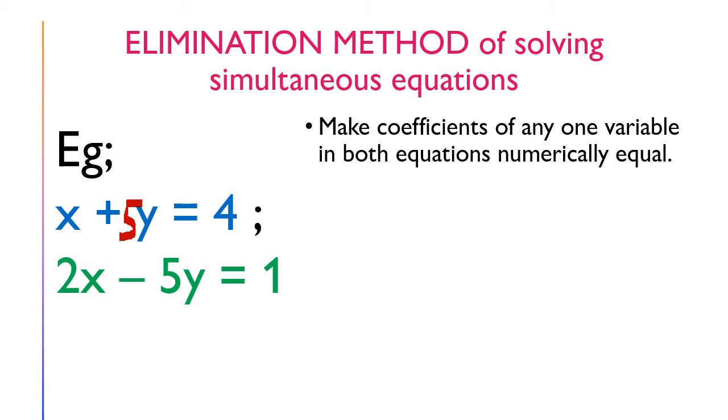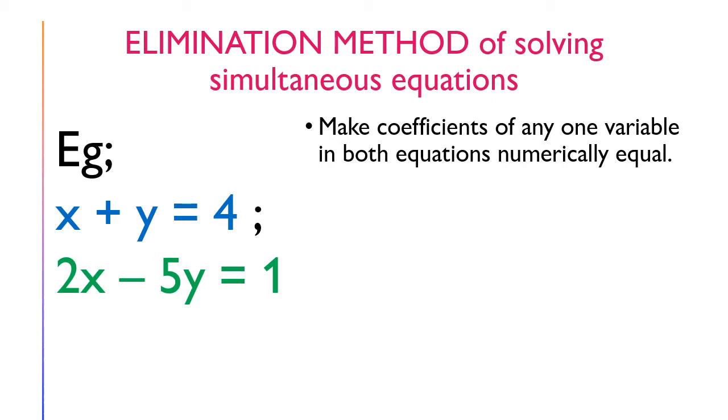For this you can either add, subtract, multiply or divide. So what will the first step be, children? The first step will be to select any one variable, either x or y, and change the numbers in such a way that the coefficient of that variable is the same in both the equations.